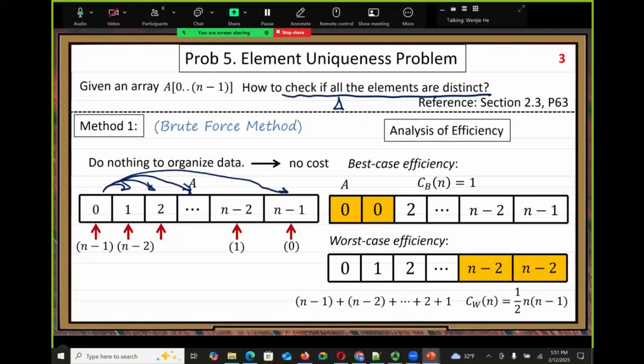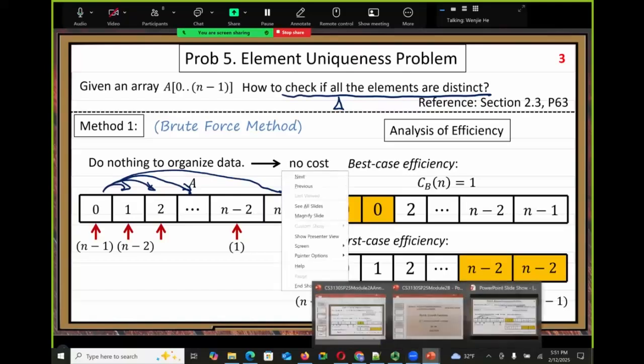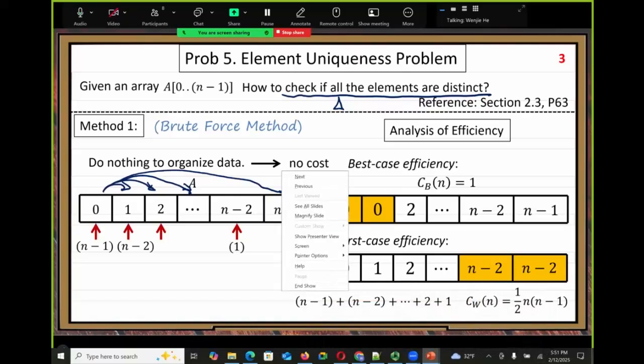Remember, in our linear search, we use a probability P. Then for our average, we use a weighted average to calculate the average case efficiency. Here we have a similar situation. But in this question, the probability is unknown. So we cannot estimate the average case well.